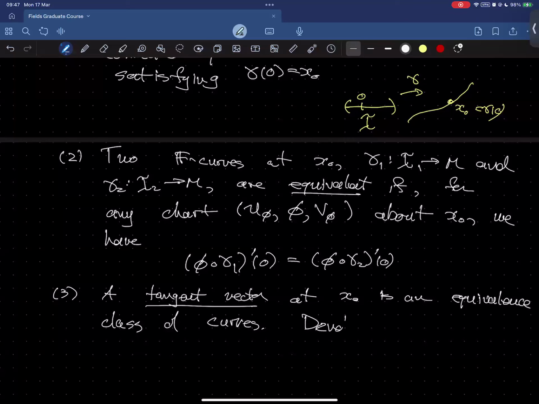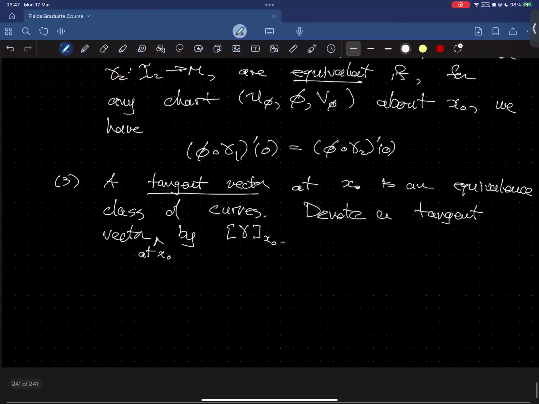We may denote a tangent vector by gamma, so it's the tangent vector at x naught. So what's the picture that goes along with this?